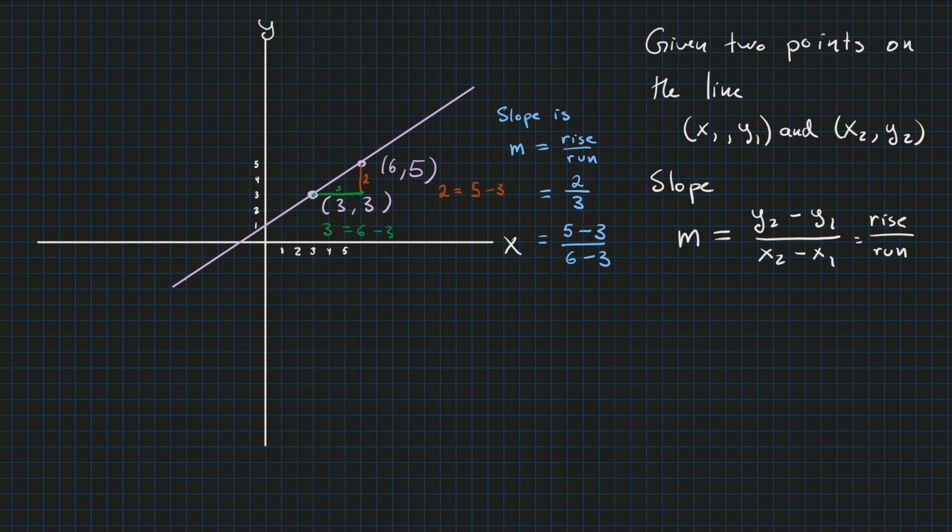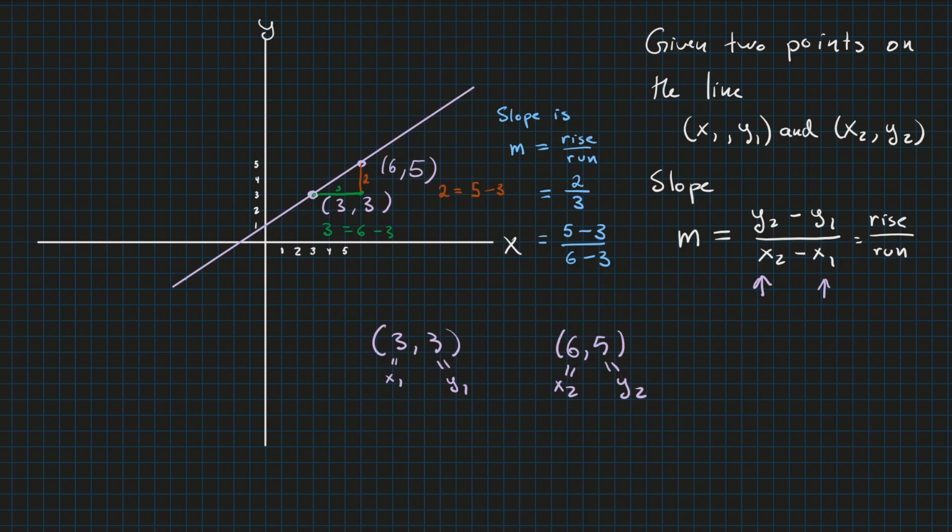In this case, we have our 2 points as 3, 3 and 6, 5. I'm going to label this 3 as x1, this 3 as y1, this 6 as x2, and this 5 as y2. I want to point out it does not matter which points or the labeling, as long as you consistently put the x2 and the y2 in the front and the x1 and the y1 over here.